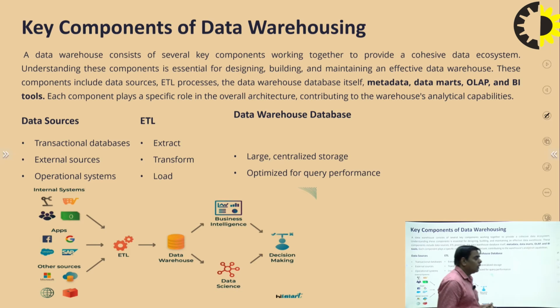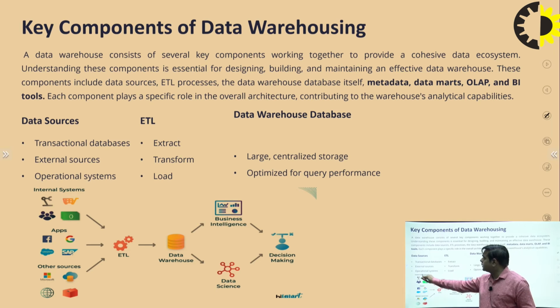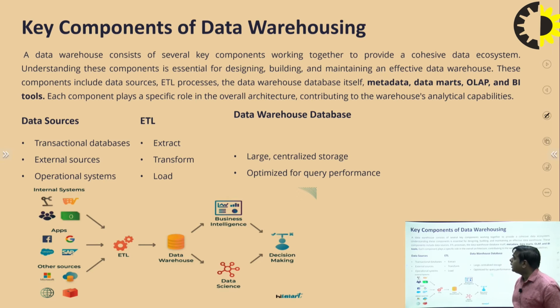I have already told you that the data comes from different sources. The data may be a transactional database, external sources, or an operational system like ERP. When this data comes in, the next process, which exists in the staging area of the data warehousing components, is the major tool, ETL.